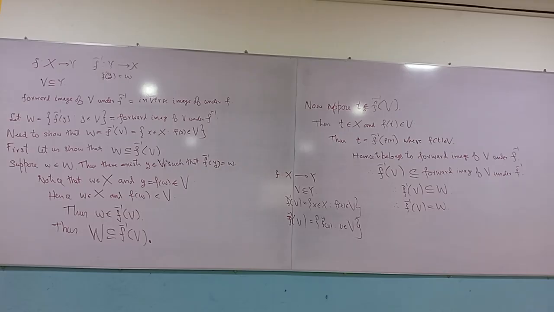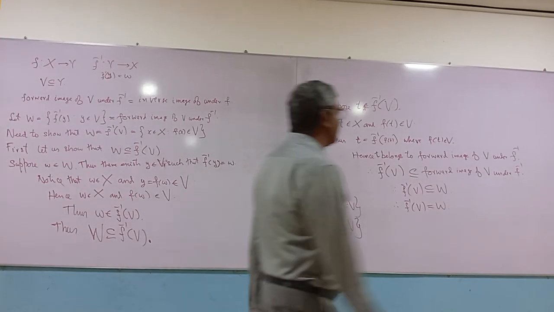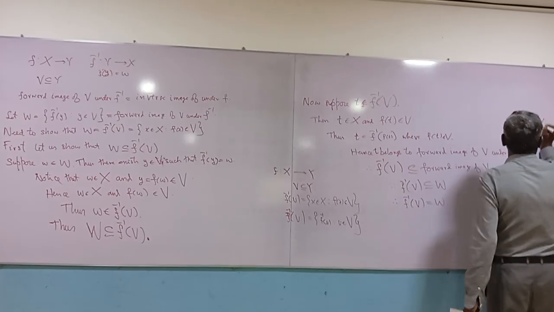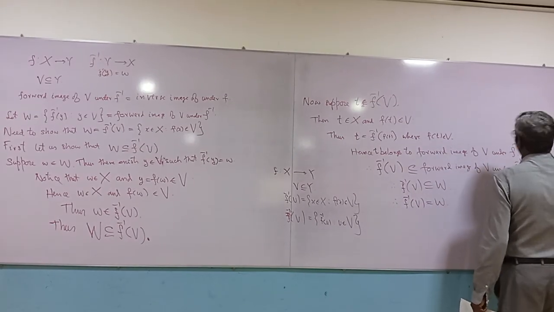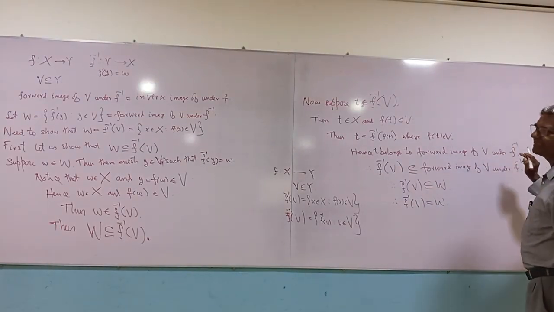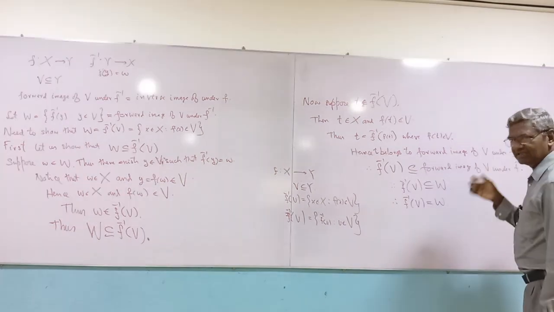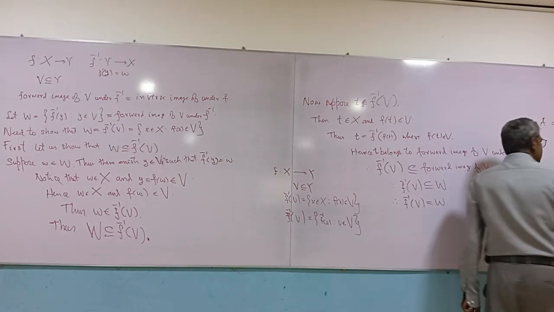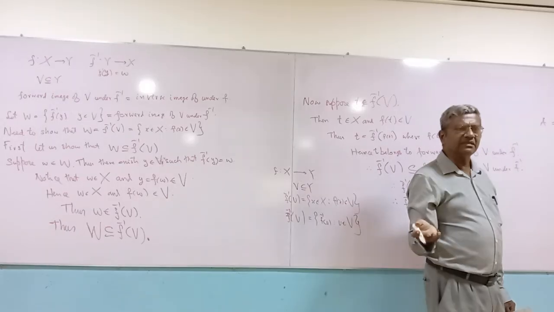Now the next question. I got a little worried when I asked you to prove A is equal to B. I guess it is not your fault because this book is focusing on certain things, but you have to know some other things.